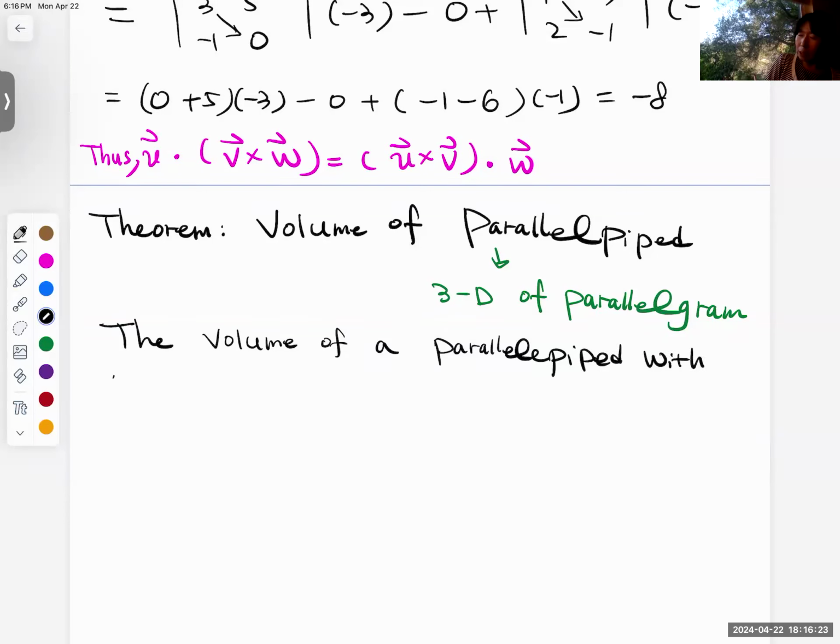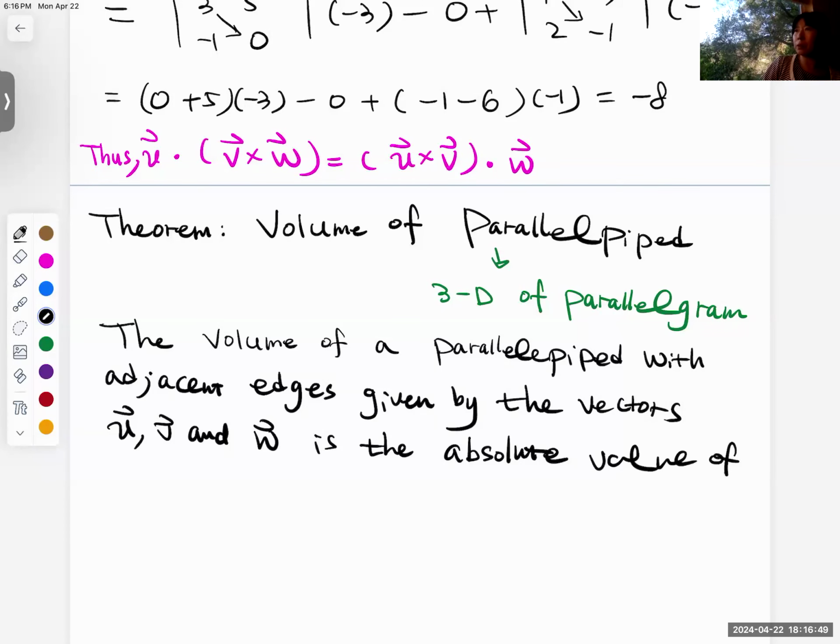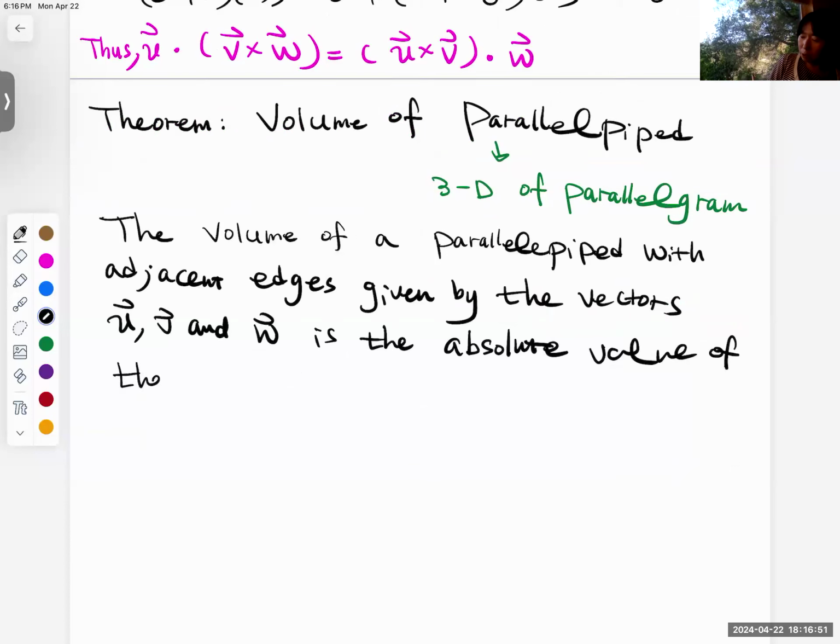with adjacent edges given by the vectors u, v, and w is the absolute value of the triple scalar product, right?